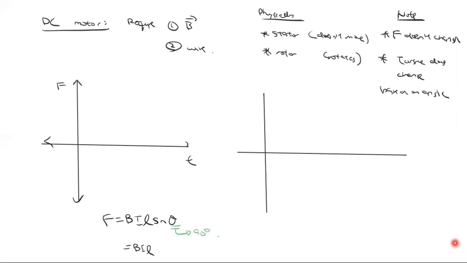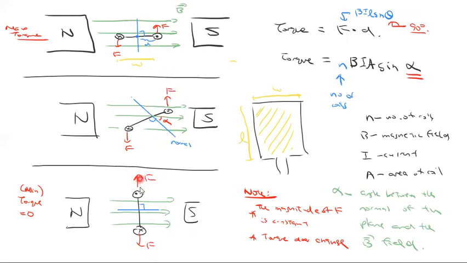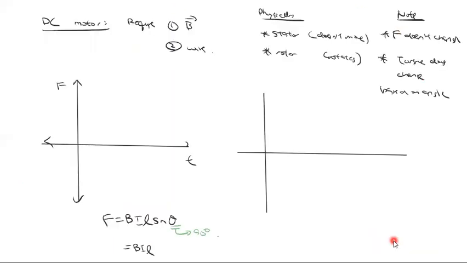Now, the magnitude doesn't change, but the direction does, because I've only drawn it turning like 90 degrees, but when it goes over, assuming you want to keep it turning, you now need the force to no longer be up on that side, but down. And that's why you have what's called a split ring commutator to change the current direction. But that means the direction is going to change. So that means you'll get something that looks kind of like this.